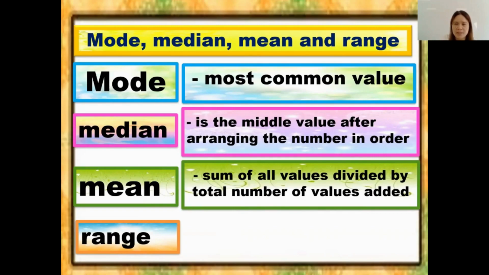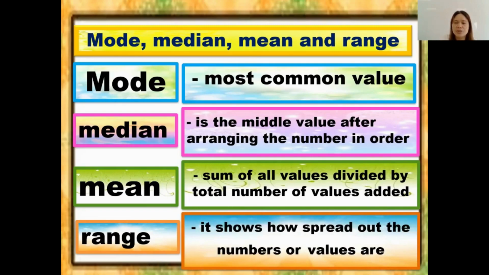That's for the mean. And the range shows how spread out the values are. To find the range, we simply subtract the smallest value from the highest value.